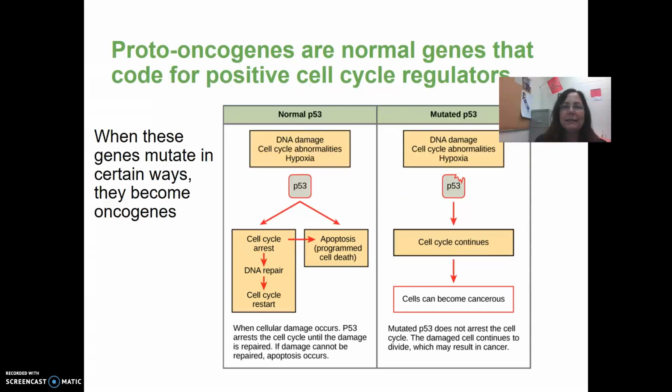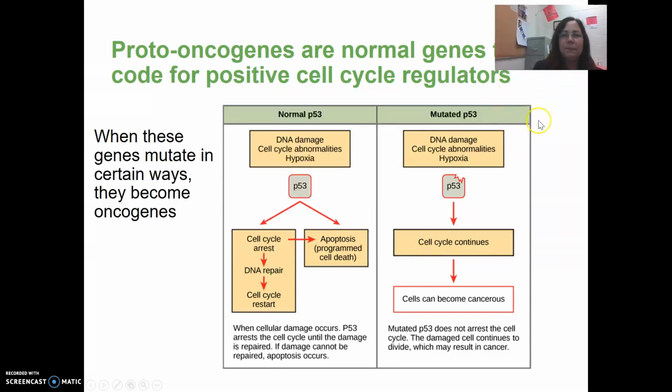Now, proto-oncogenes are normal genes, and if they are mutated, they can become oncogenes, and oncogenes are cancerous genes. So proto-oncogenes code for positive cell cycle regulators, and one of those is P53. P53 is a positive cell cycle regulator.